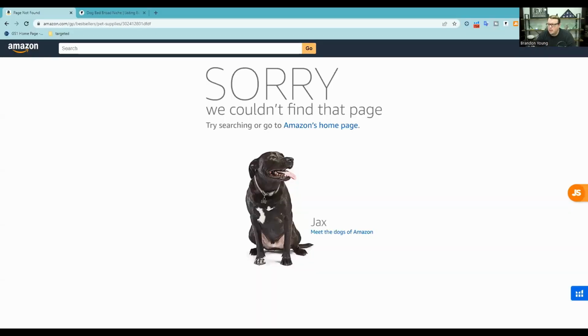So what we want to do is see the Amazon dogs page. And I can show you. This is an Amazon dogs page. They had a bunch of pictures of employees' dogs, and they put them together.